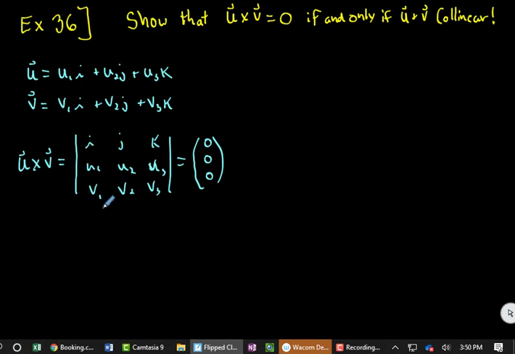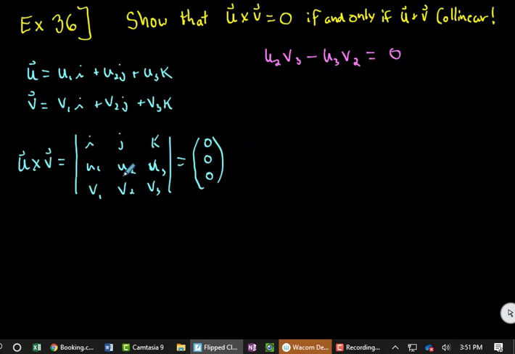Now we can find its components by taking the cross product. Before, I showed you to put your hand over this column, and it would be u2 v3 minus u3 v2. That would be equal to 0, our i component of the cross product.